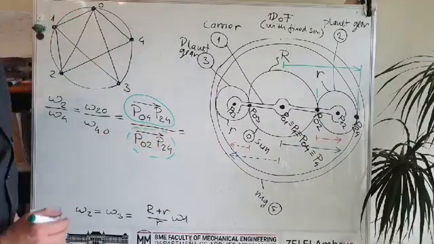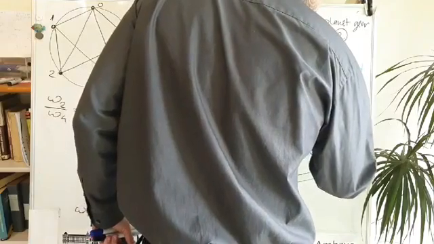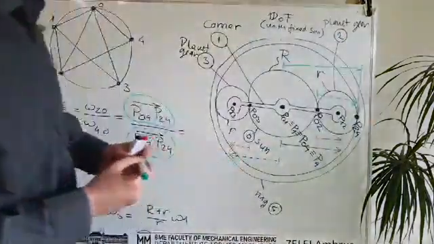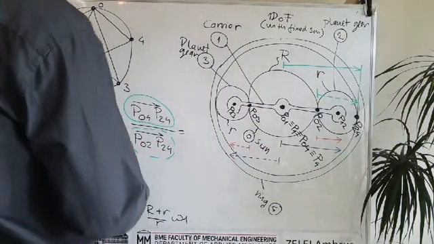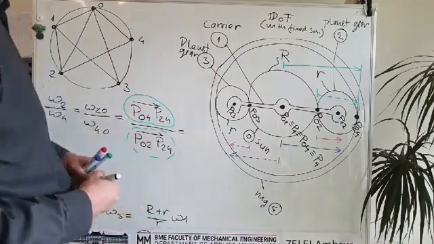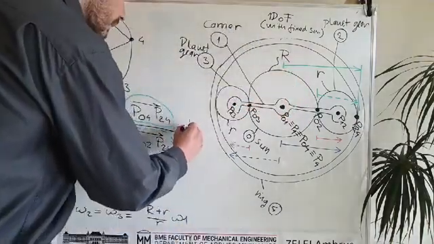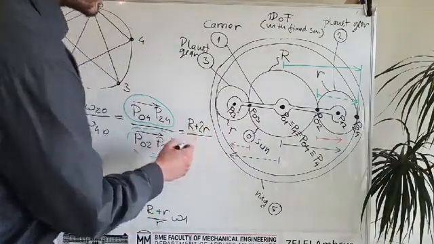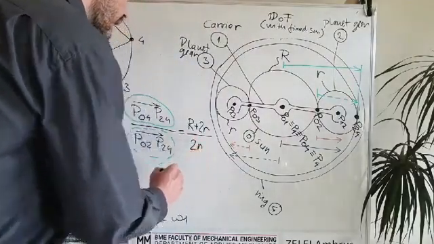It starts from here and arrives at the same point. And by using this, we can create a formula. This whole distance is capital R plus 2 small r, and this is simply 2r.